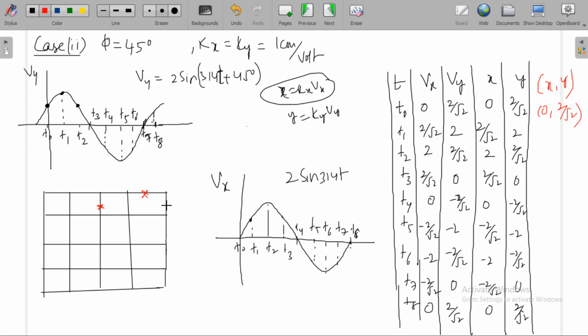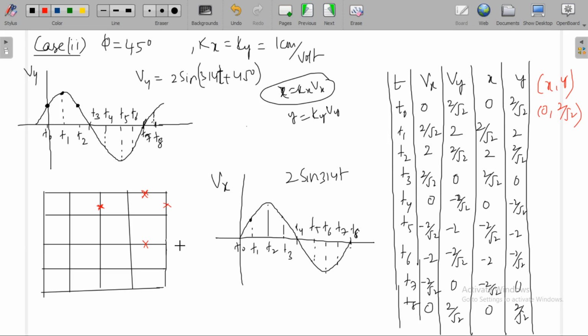Then next, 1.414 comma 0. Then next, 0 comma minus 1.414.